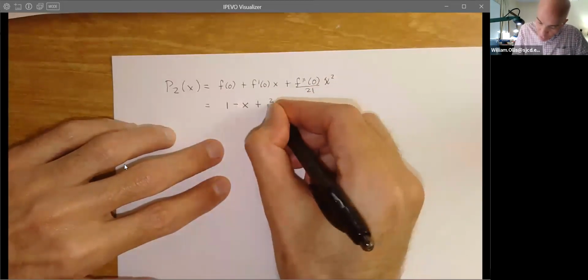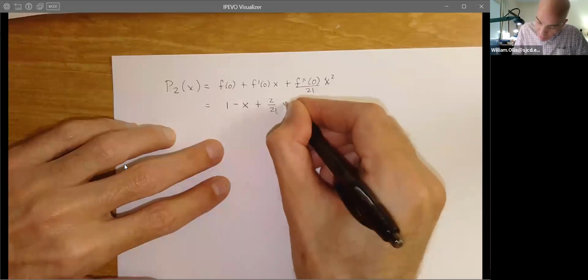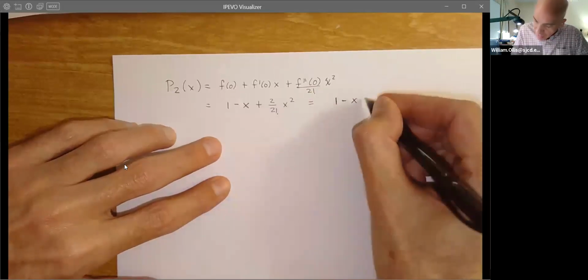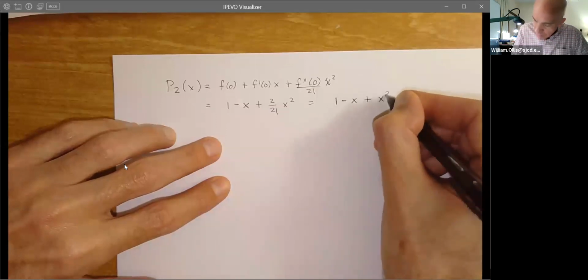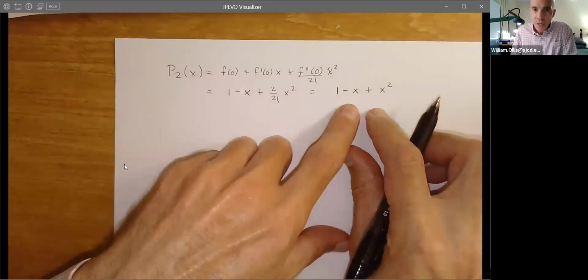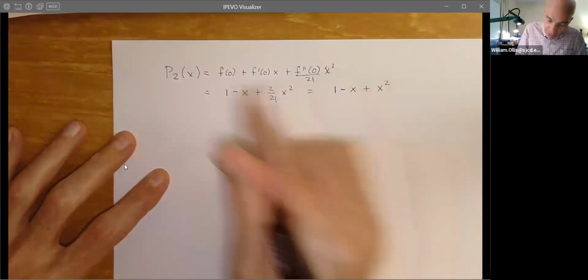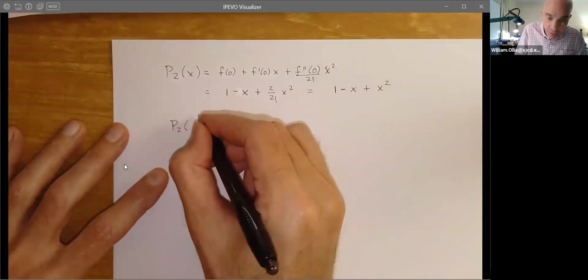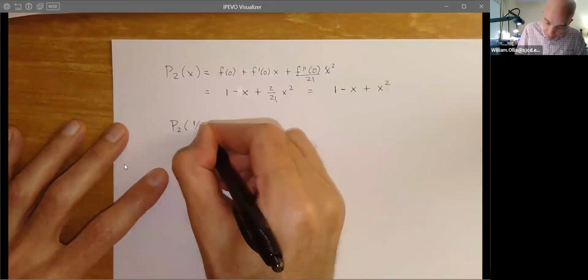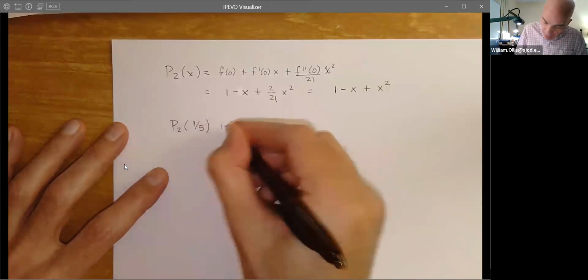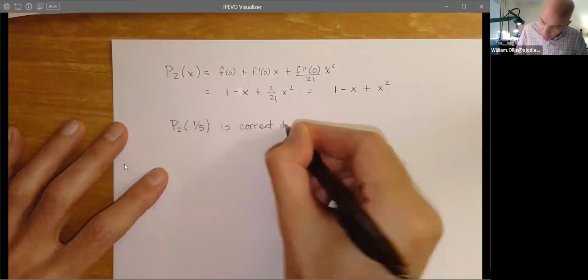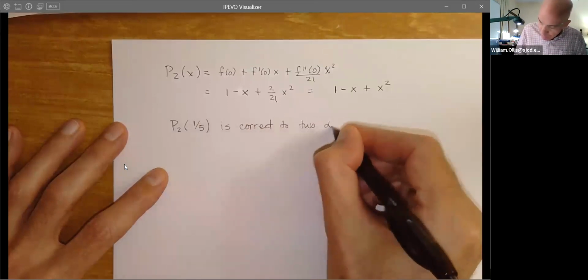So we have 2 over 2 factorial times x squared. So this is 1 minus x plus x squared. That's the degree 2 Taylor polynomial, and P2 of 1/5 is correct to 2 decimals.